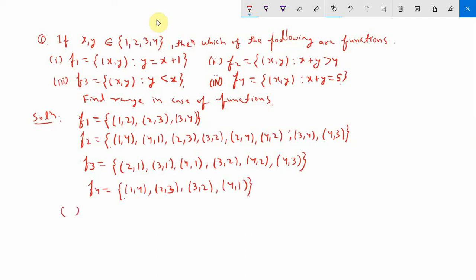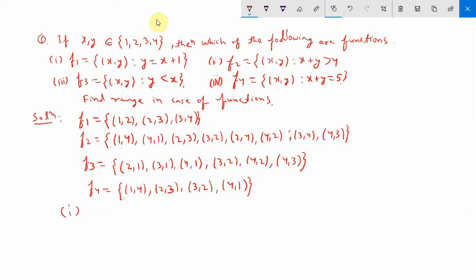Now we will see first, whether F1 is a function or not. We have 1, 2, 2, 3 and 3, 4, but we observe that element 4 of the given set has not appeared in the first place in any of the ordered pairs.